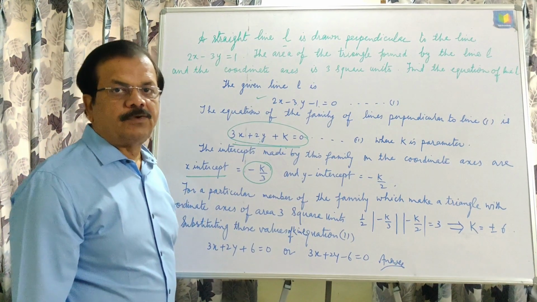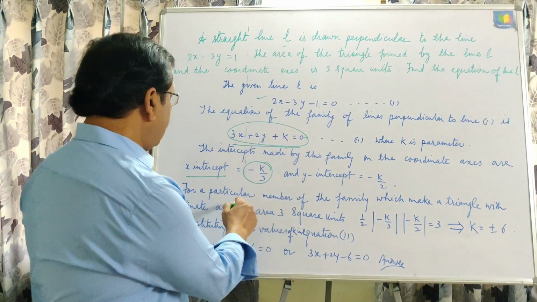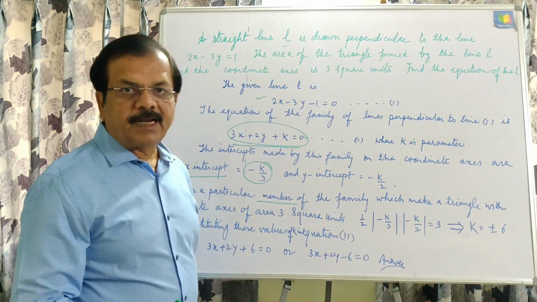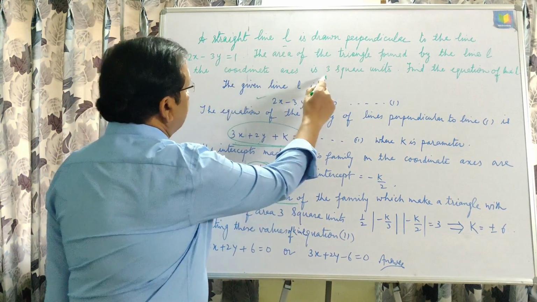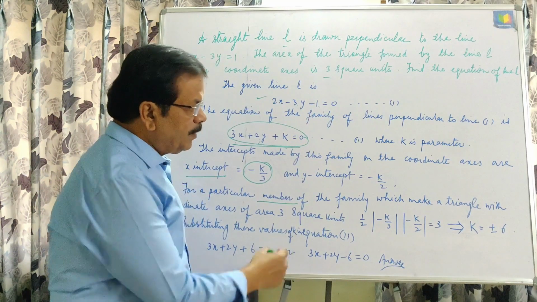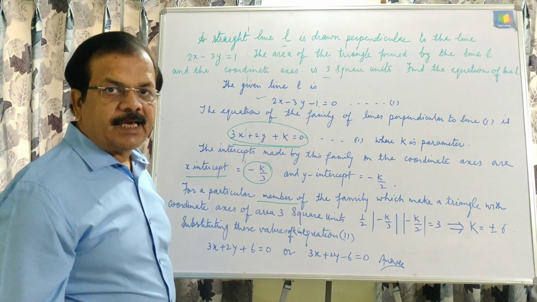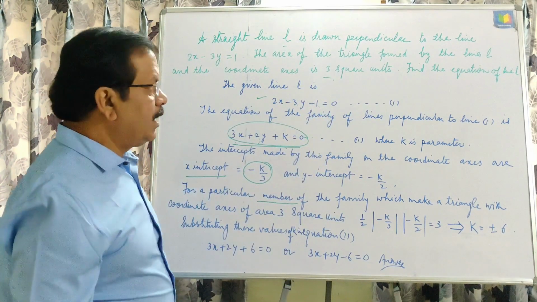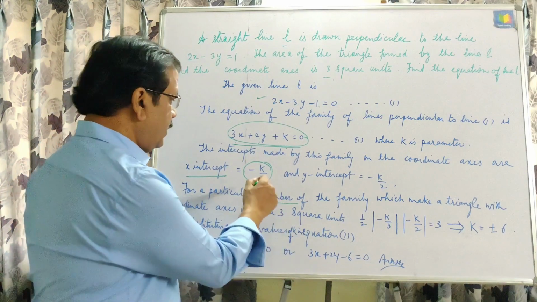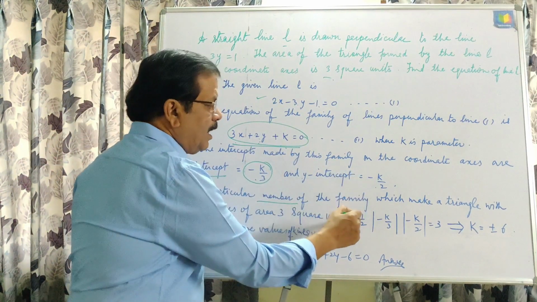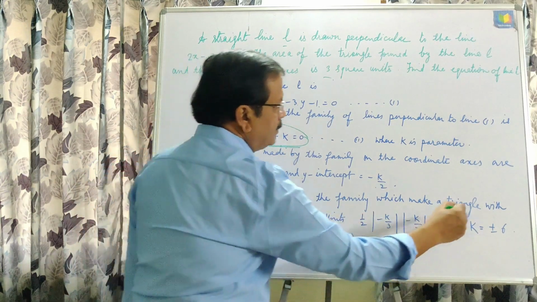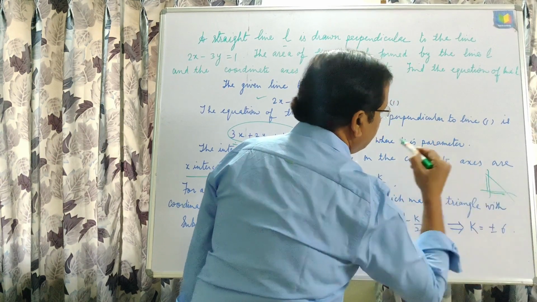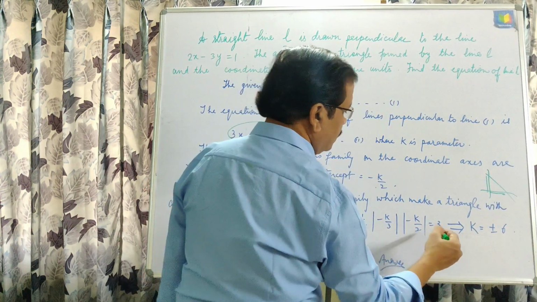Okay, and then for the particular member of the family which makes a triangle whose area is given as 3 square units, because there are so many lines, we can take one particular line which makes the area of the triangle 3 square units. Then x intercept and y intercept, half into base into height is equal to 3, which is given.